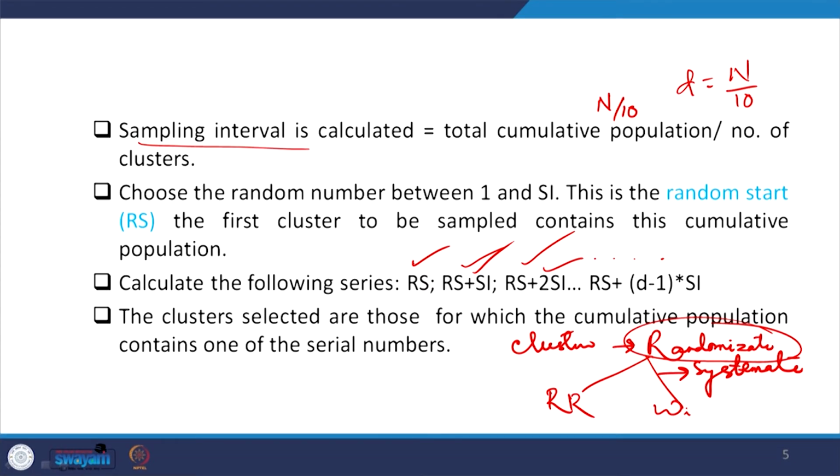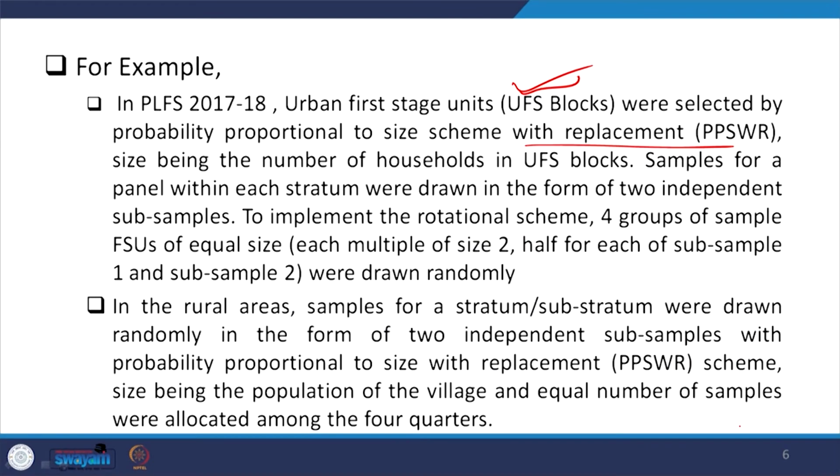So in with replacement, what is going to happen? Your n remains the same. Suppose the number of clusters is 10 and you are supposed to select 10. With one cluster selected, how many are left? Only 9, 10 minus 1.